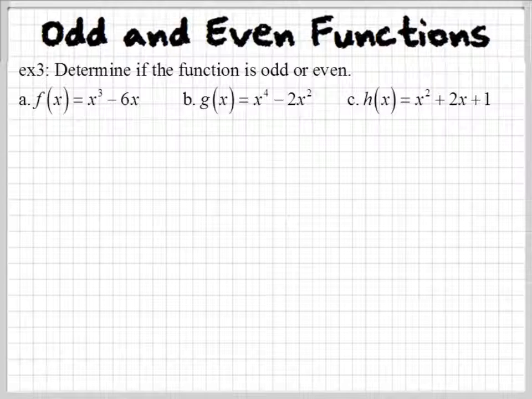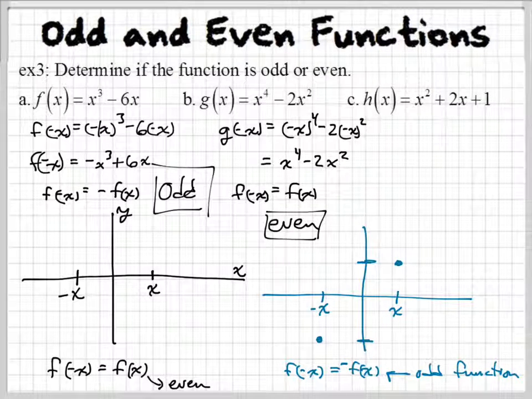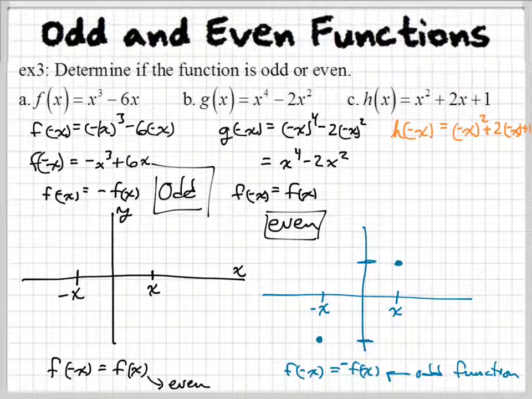Okay, let's do the last one. For the last one, we plug in negative x. This is h of negative x. I get negative x raised to the second power plus 2 times negative x, and this is plus 1. Negative x raised to the second power would be a positive x squared. And then I get a negative 2x and then a plus 1. Is this exactly the opposite of what we started with?